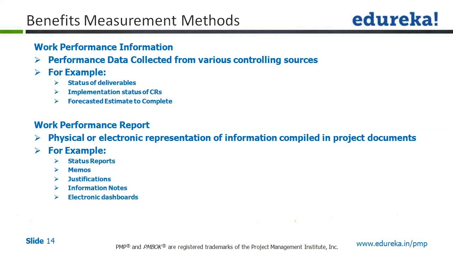So once we use those terms, you should be very clear what we mean by work performance information, work performance report, and work performance data. The one easy thing for you to remember is when we talk about work performance data, remember the words raw observation. When we talk about a work performance report, remember the words physical or electronic representation. These would be the words which would help you to differentiate between these terms.